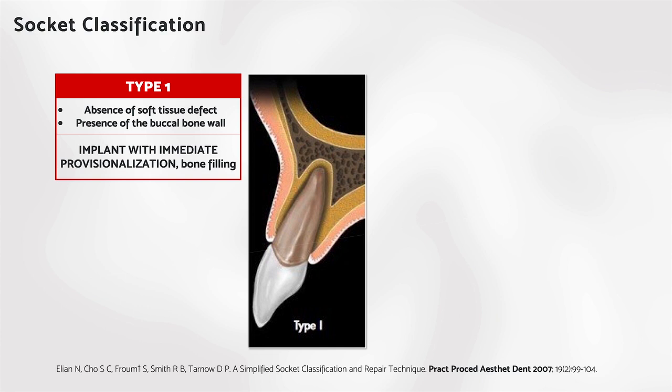Type 1, when we have the absence of soft tissue defect and the presence of the buccal bone wall, so we have an intact socket. In this case, they recommend immediate implantation, immediate provisionalization, and bone filling to fill completely the gaps at the facial aspect.